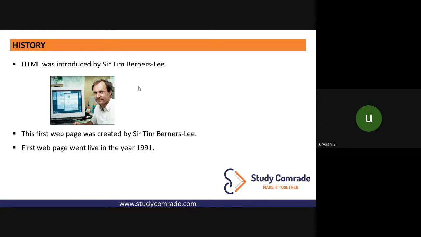That is the reason we always start our front-end learning journey with HTML, because it is compulsory to understand. Even if you go to advanced technologies like React, Vue.js, or AngularJS, we write HTML at the end of the day. So you need to learn HTML. It is the very basic and first technology of front end.